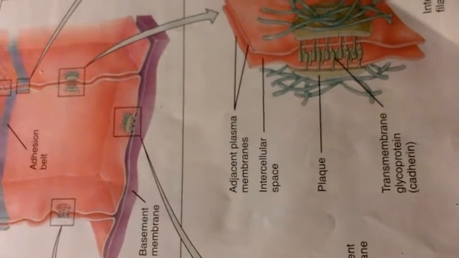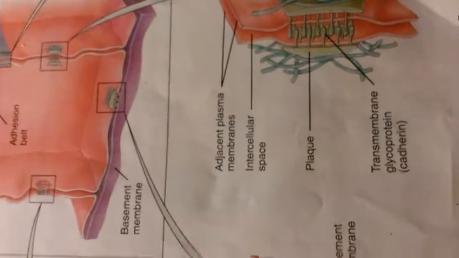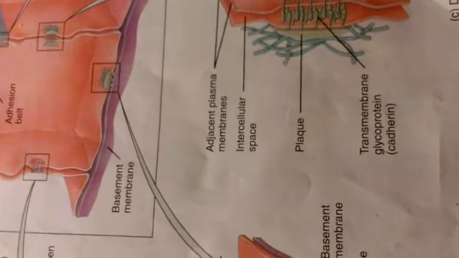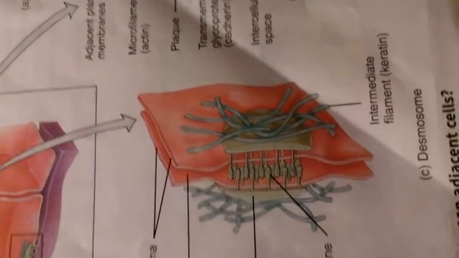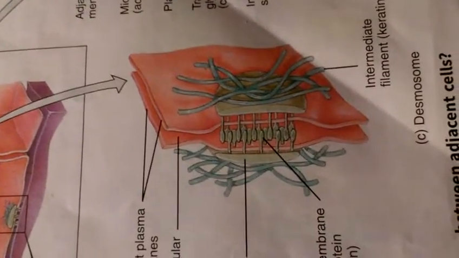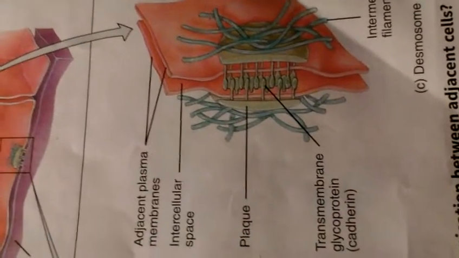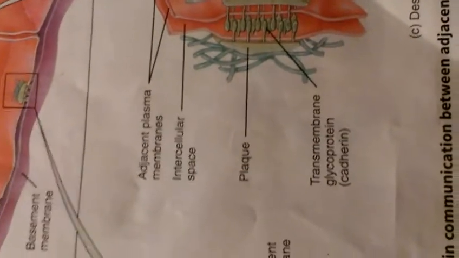I'm going to read the description. It says it's composed of plaque and linked by transmembrane glycoproteins, as we just talked about. It extends across the gap between the adjacent cell membranes and links the cytoskeletons of cells together. So not a deep description from the book, but basically it keeps cells from being pulled apart to the left or right.